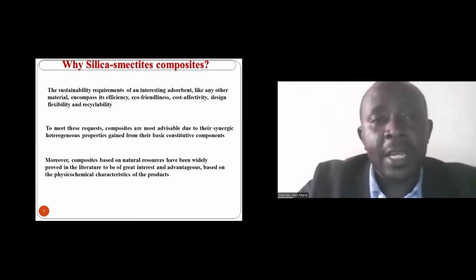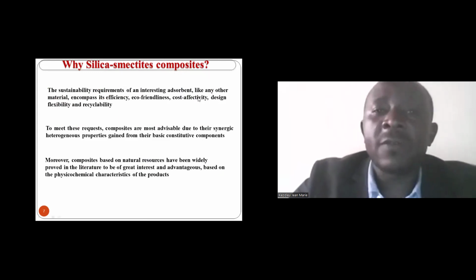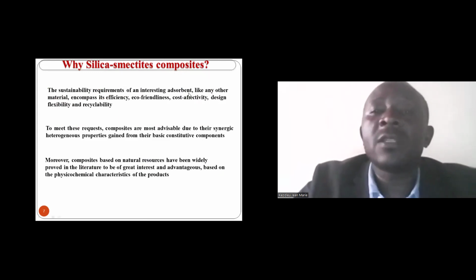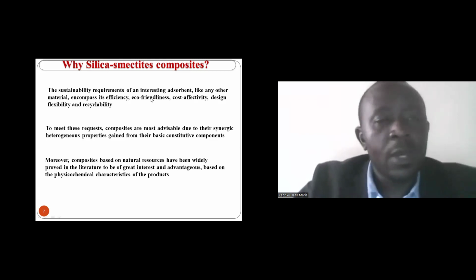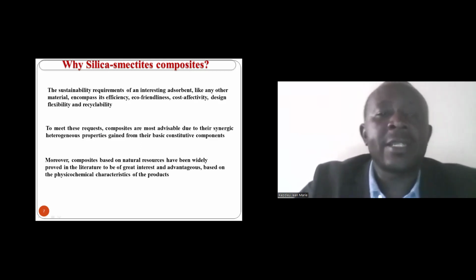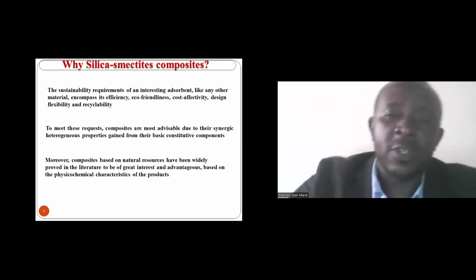You know, the sustainability requirements of an interesting adsorbent, like any other materials, should encompass its efficiency, eco-friendliness, cost effectiveness, design flexibility, and recyclability. To meet these requests, composites are most advisable due to their synergetic and heterogeneous properties gained from their basic constitutive components.